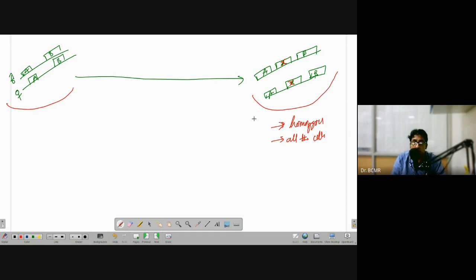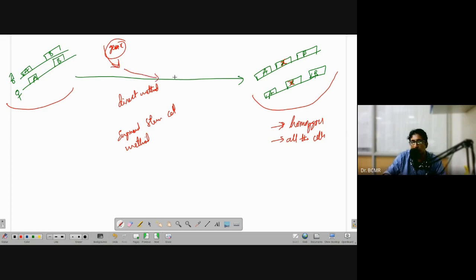There are two ways of how you do it. One is the direct method, and the other one is the embryonic or engineered stem cell method. In the direct method, you take gene X and you put it in directly, and hopefully it will integrate.